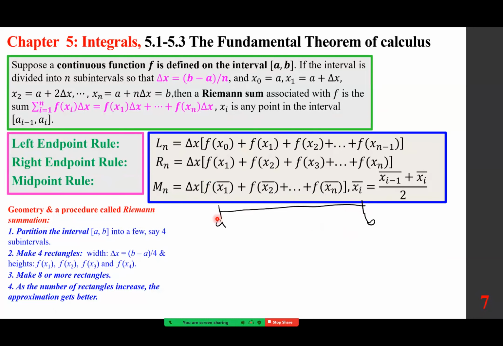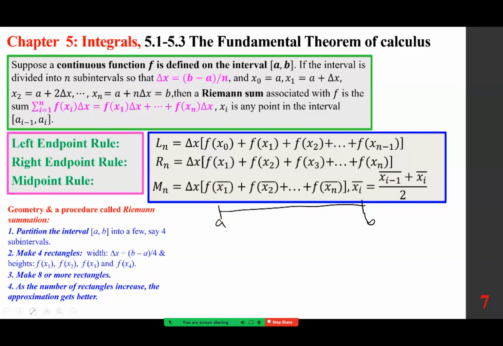For the left endpoints, I use all those points. I evaluate the function at all those points, not at B. For the right endpoints, evaluate all of them except not at A. That would be the right endpoints.